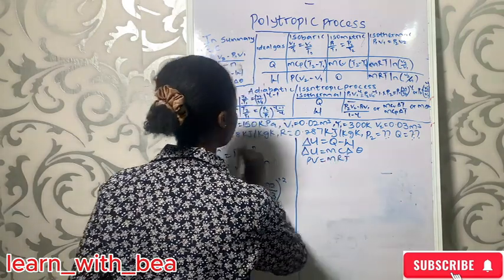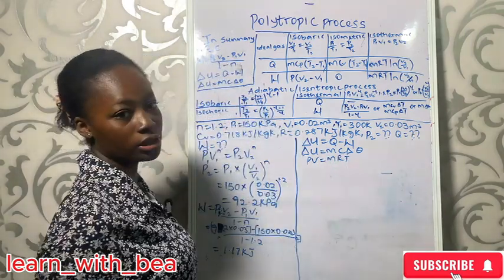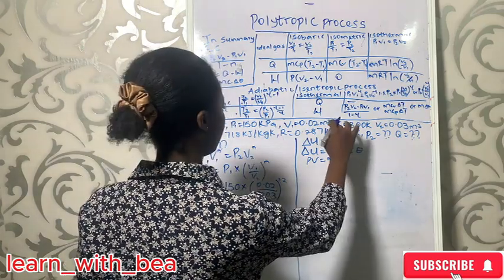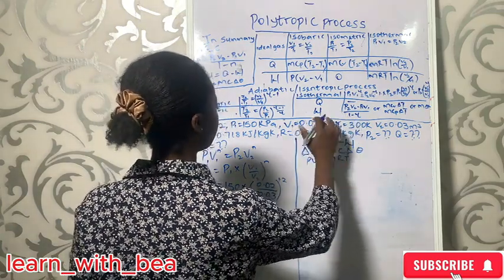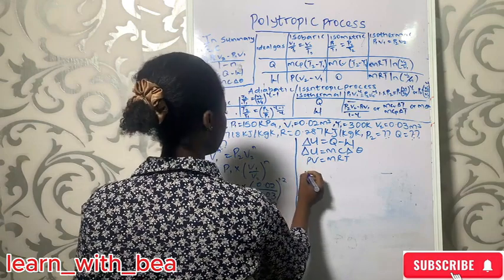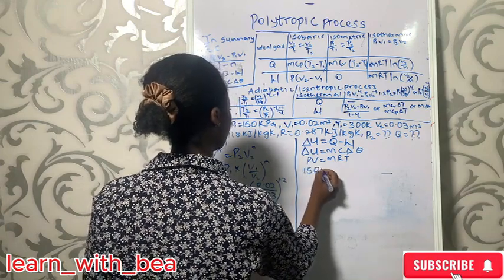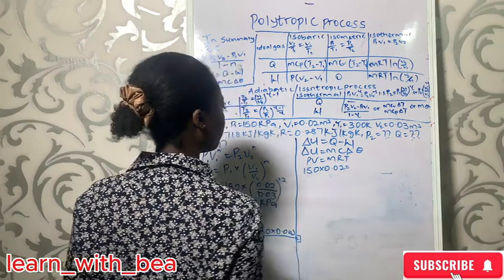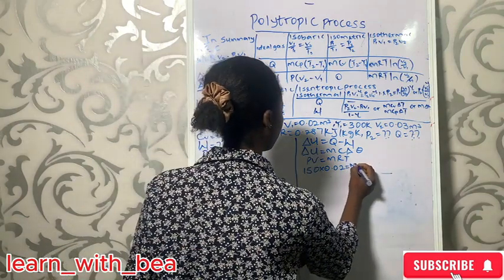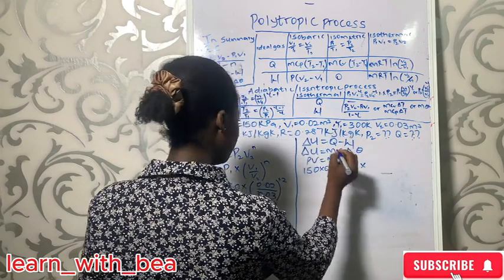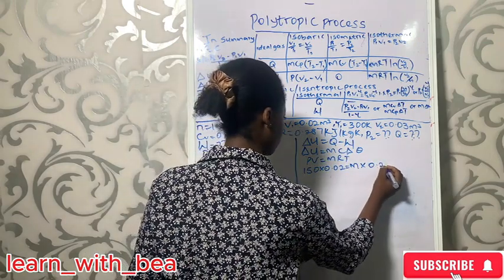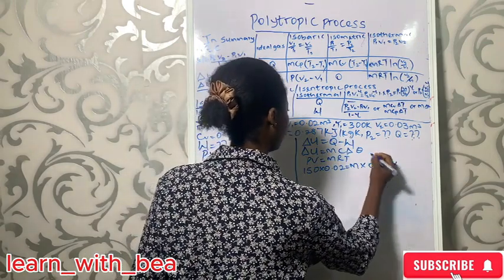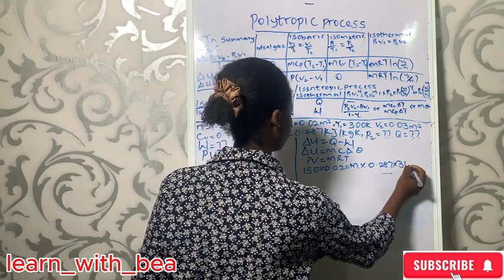If we want to calculate m, we use PV equals mRT, using all the initial values from the first stage. P1 is 150, V1 is 0.02, m is what we are looking for, R is 0.287, and the first temperature is 300.